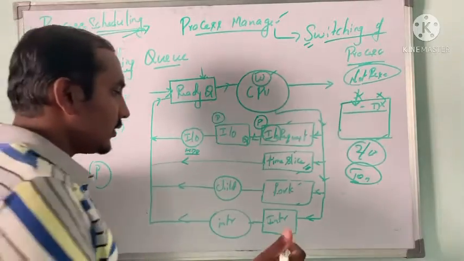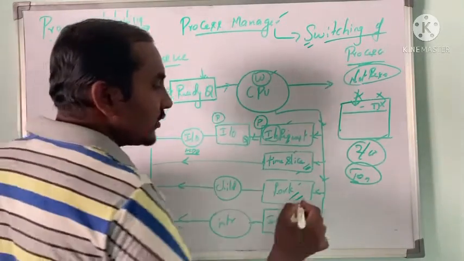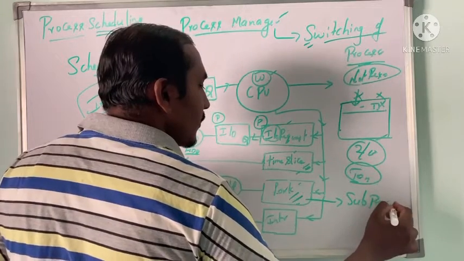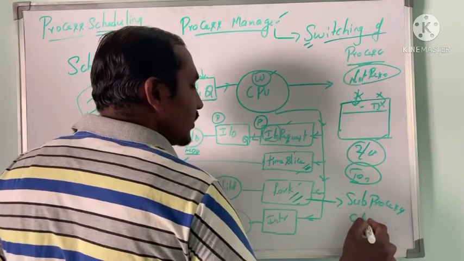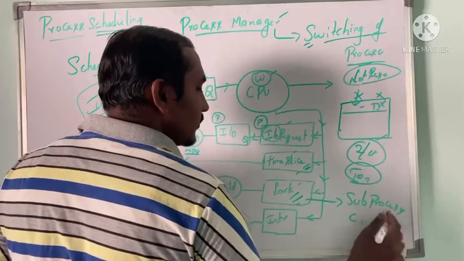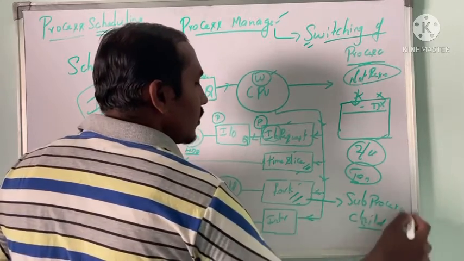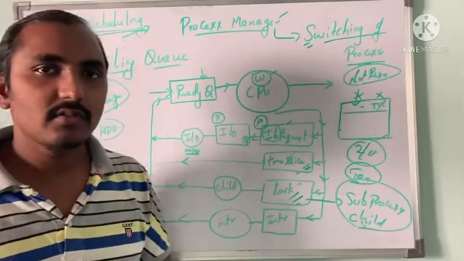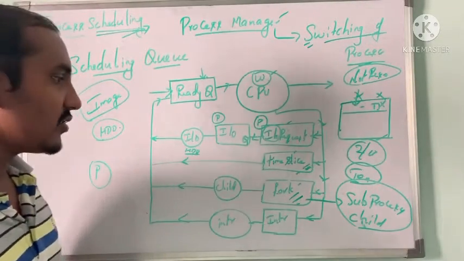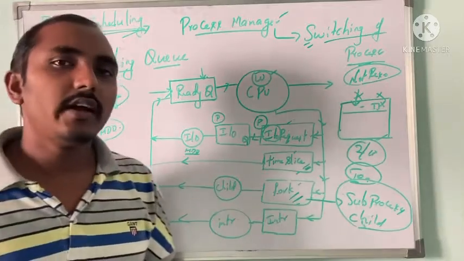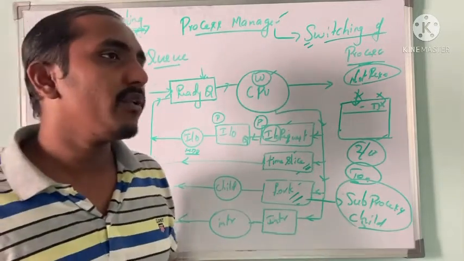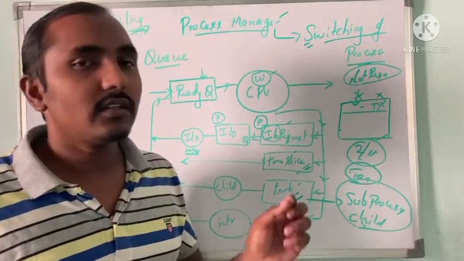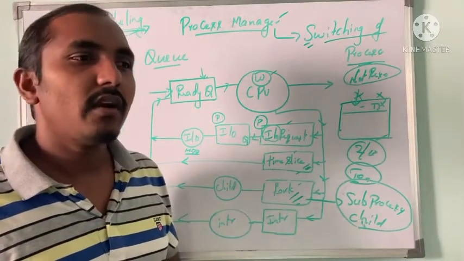Okay. Next is fork. Fork is nothing but a sub process, or it is also considered a child process. For any program, we'll have sub processes, sub programs that have to be run. For example, if you consider MS Word, you can consider checking of spellings, where words are underlined, or checking of grammar, and you have many other functions.